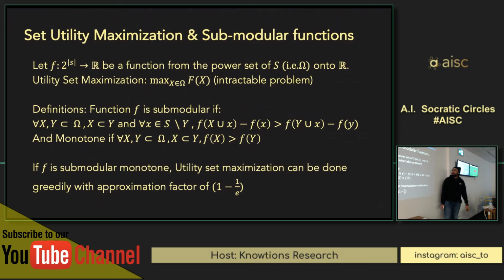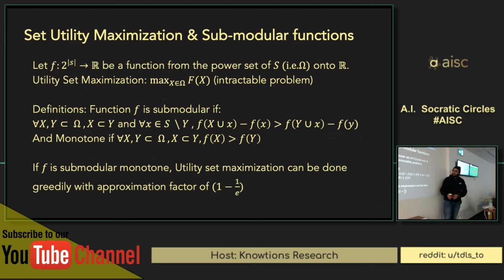Yes. In general, the submodular utility maximization problem is like you have 2 to the power n subsets, where n is the cardinality of the set S. So finding the optimal subset is an exponential space problem.